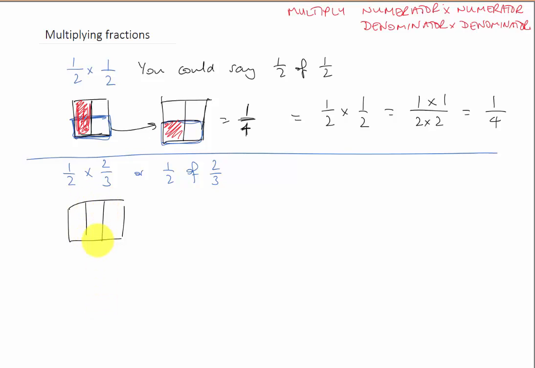So we take 1 whole and we divide it into 3 equal pieces, and we select 2 out of those 3. Then again we need to take 1/2 of that to do this part. So I like to think of cutting out that half. So that's this piece here.